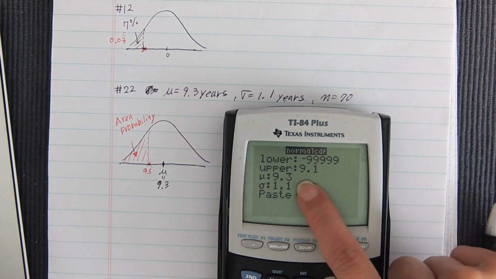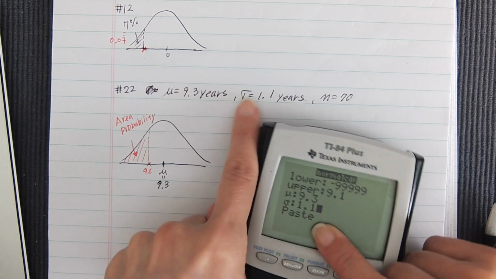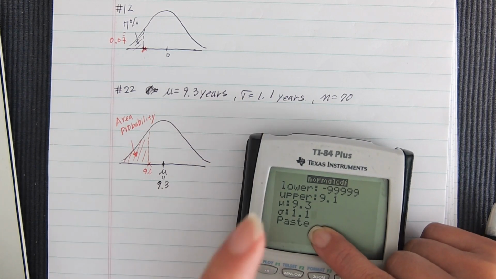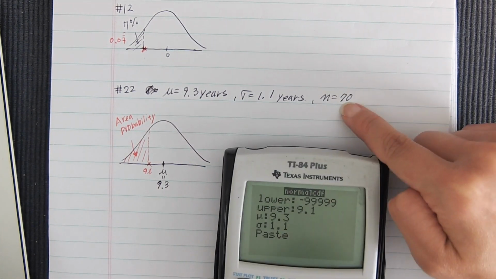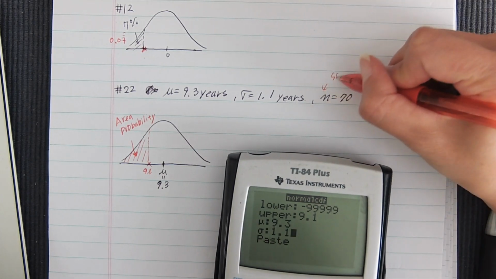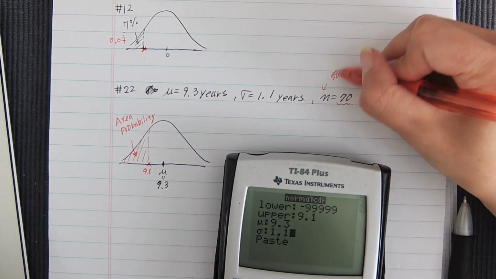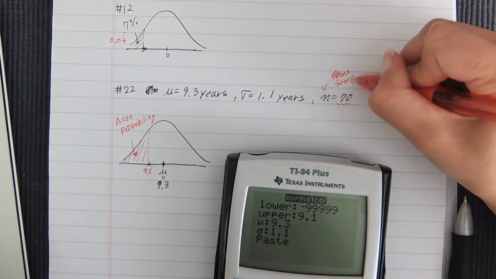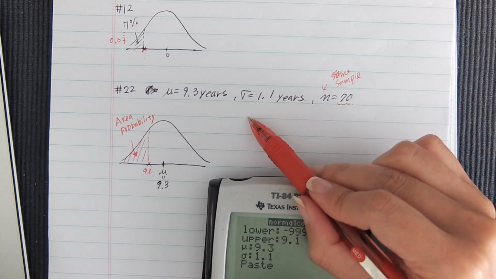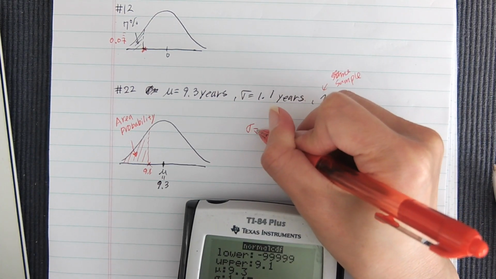But if you put in 1.1, it's wrong. That's the question. This is the part where you have to be careful. Why is the exact standard deviation of 1.1 wrong? Because we have a sample. If we have a sample, the standard deviation actually changes. We call it the standard error.